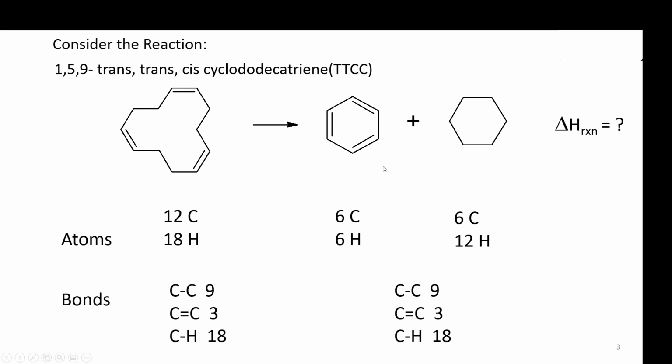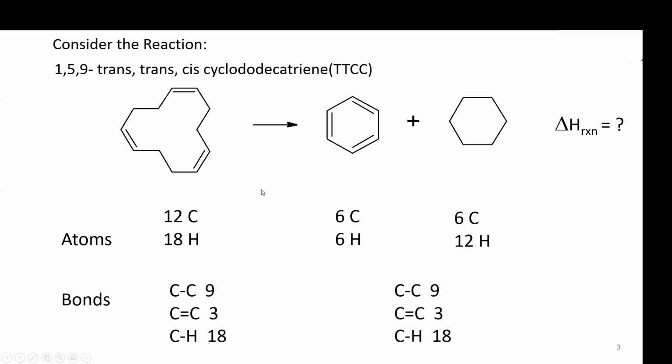If there is such a reaction, the delta H for this reaction will be the energy change from isolated double bonds to conjugated double bonds, right? The only thing that's changed in this reaction is 3 completely isolated carbon double bonds becoming 3 conjugated carbon double bonds.